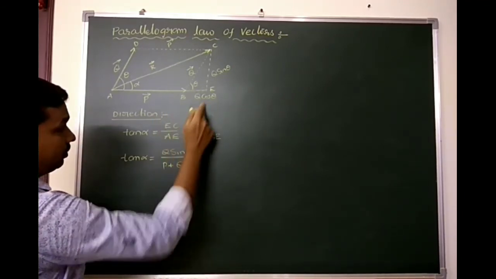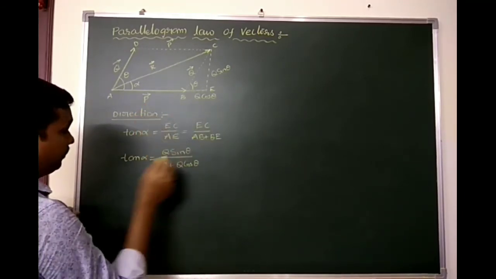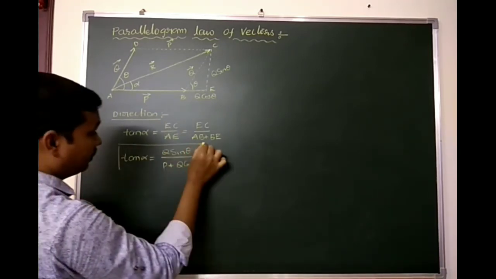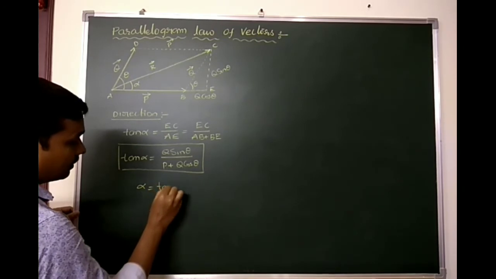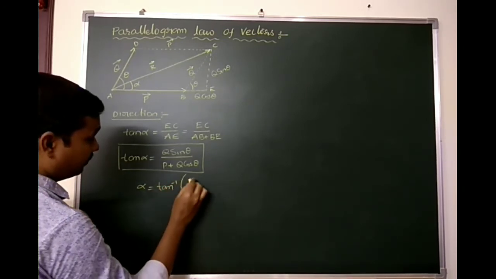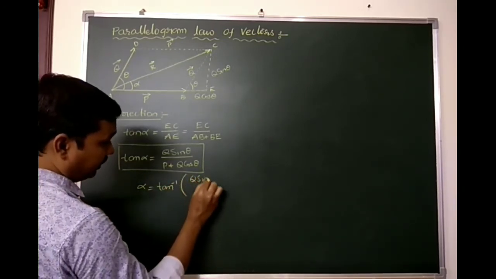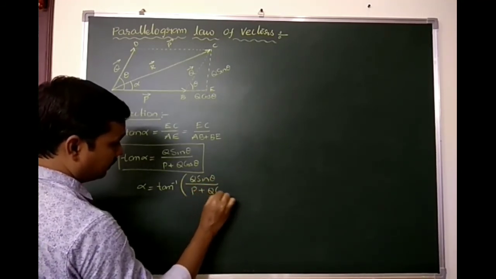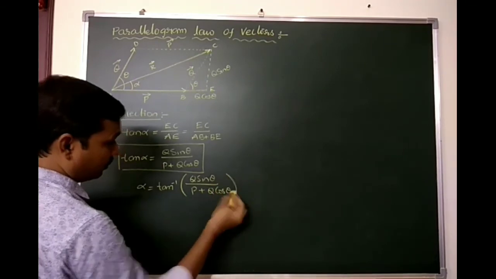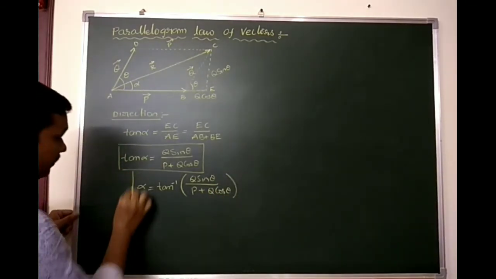So alpha is equal to tan inverse of Q sin theta by P plus Q cos theta.